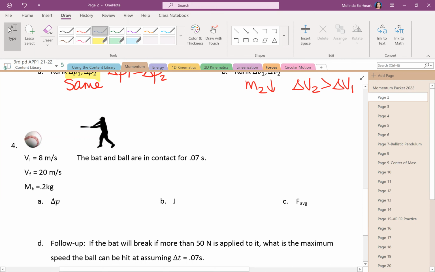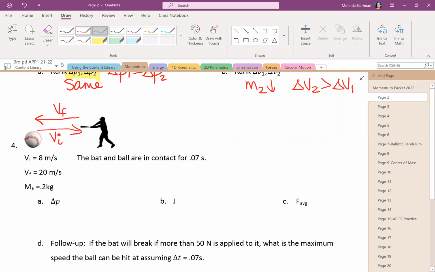Wait a second, did they just give me velocities? 8 and 20? When the ball comes towards the batter, and then the batter hits it, it leaves a different direction. So technically they gave us speeds.